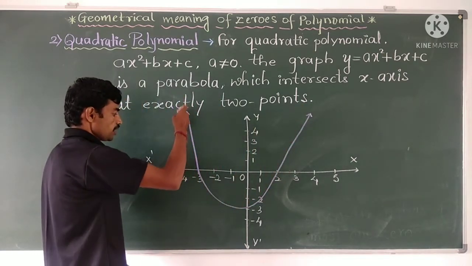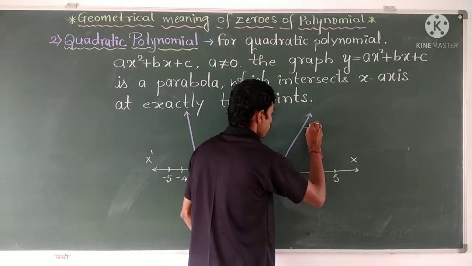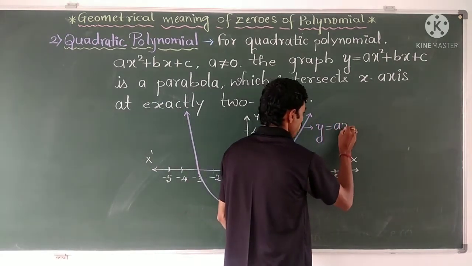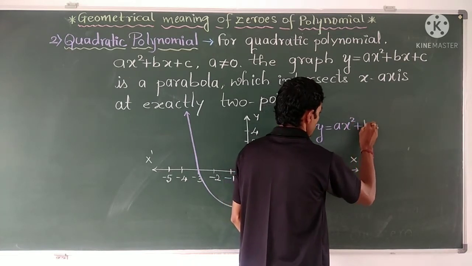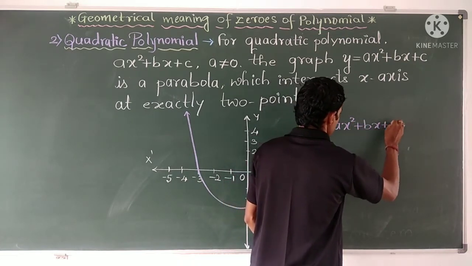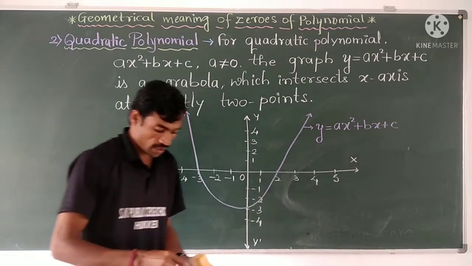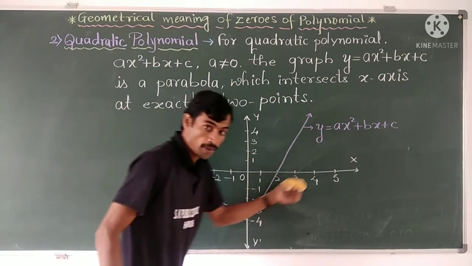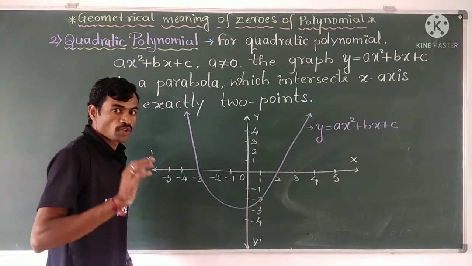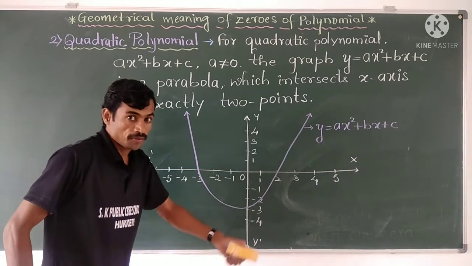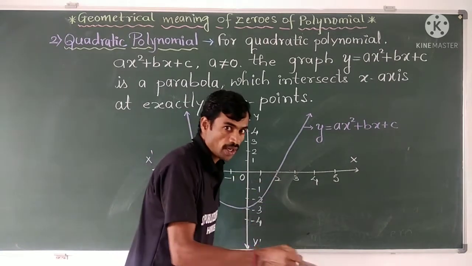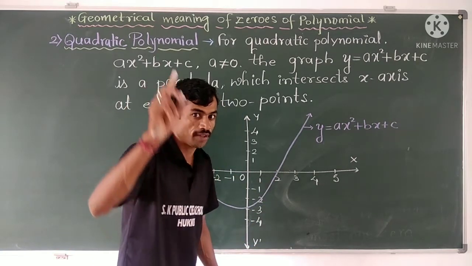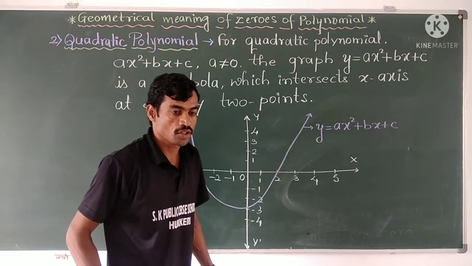If a linear polynomial graph intersects the x-axis at only one point, it has only one zero.